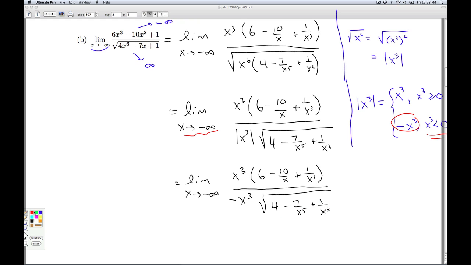Like so. Now I can get these x cubes to cancel, but I still have a negative sitting around. So this gives me the limit as x goes to negative infinity. I can put the negative wherever I want it. I guess I'll just keep it in the denominator.